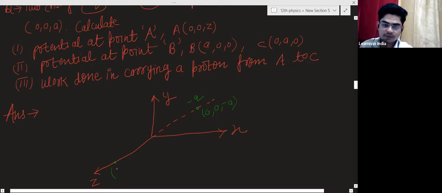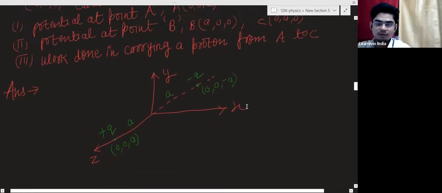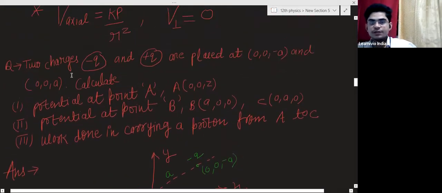In the same way, we can write another point 0, 0, a, the position of this plus q charge. The distance will be a, and this distance will be a. We have located these two charges.